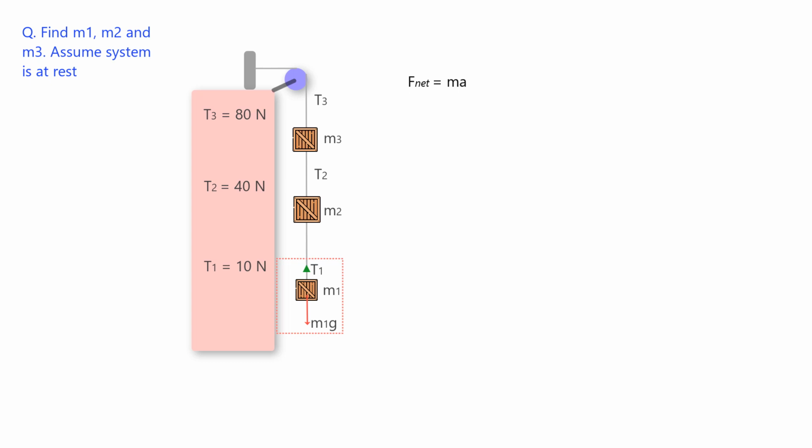We'll say any vector pointing in the downward direction would be negative, and any vector pointing in the upward direction would be taken as positive. So we have tension T1 pointing in the upward direction for mass M1, and therefore we will take it as positive T1, and M1g is pointing in the downward direction, so we take it as minus M1g.